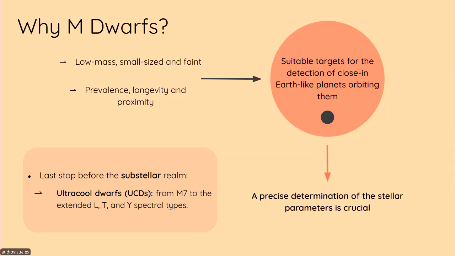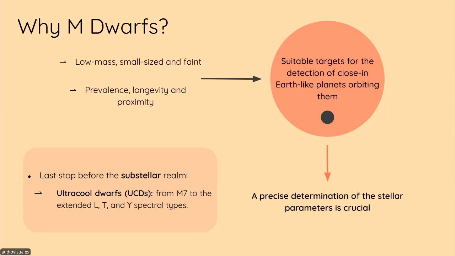Okay, we also need to characterize these stars very well because, as I told you, late M dwarfs are magnetically active, so they can also be a problem for the search of exoplanets orbiting around them, and in terms of habitability.